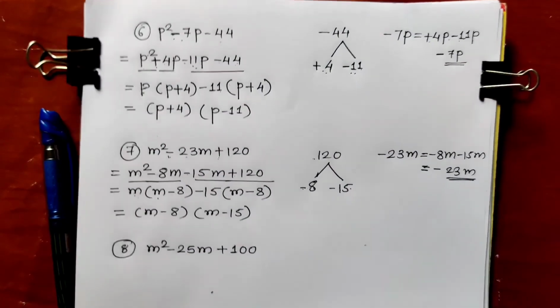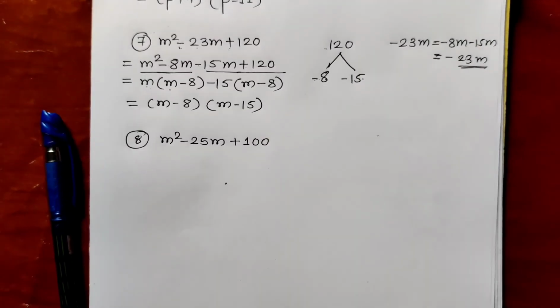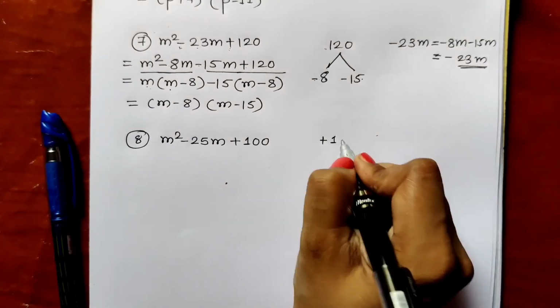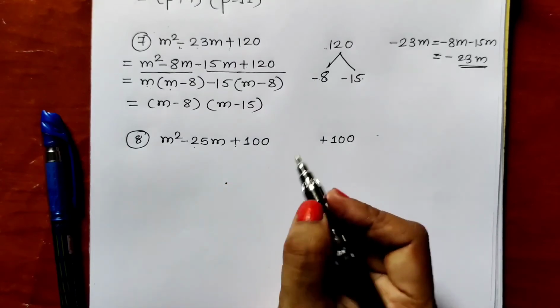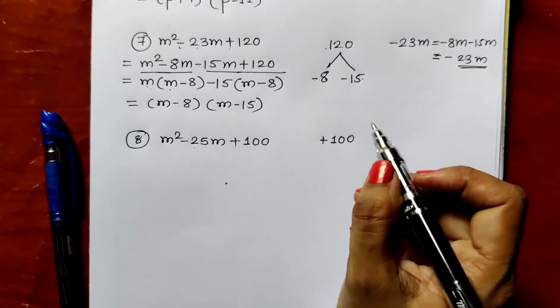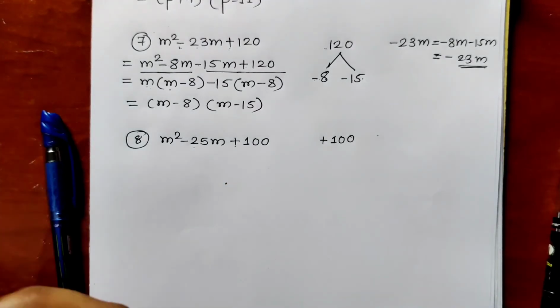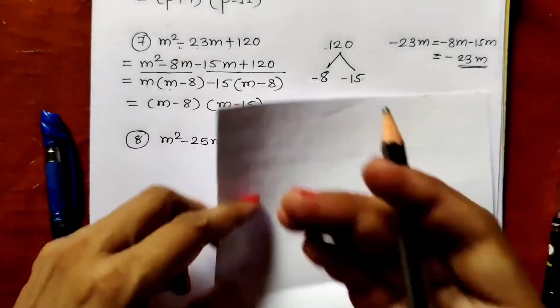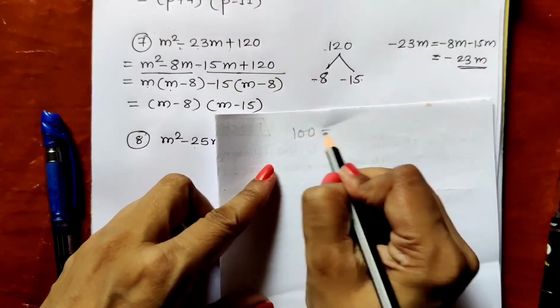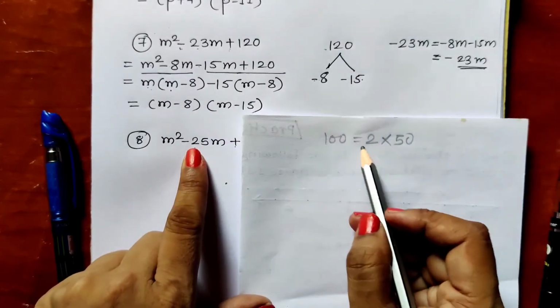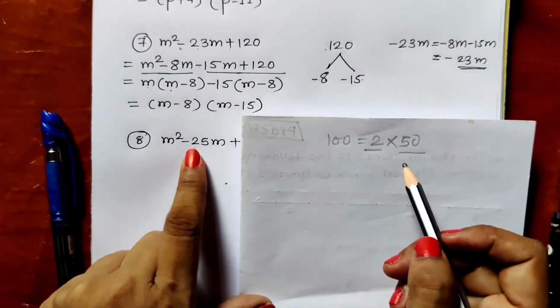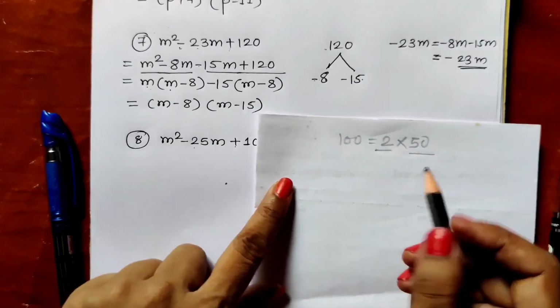So plus 100 is there, so we have to find the two factors of plus 100 whose addition should be the middle term. So keep on finding the factors of 100. The first two factors will be 2 into 50, but is 2 plus 50 equal to 25? No, it is not 25, because it is 52.